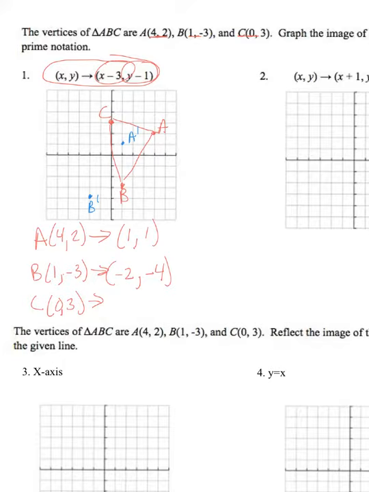And then the last one, 0 minus 3 is -3, and 3 minus 1 is 2. So I'm just going to go over 3, up 2, sorry, it's positive. And that's C prime.